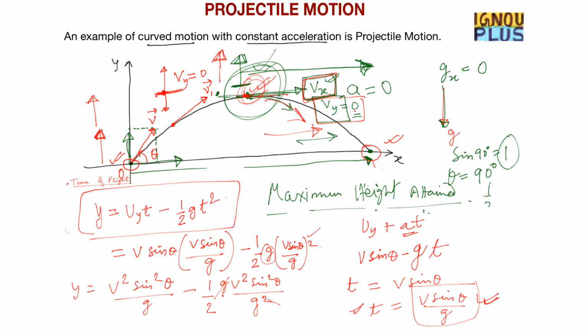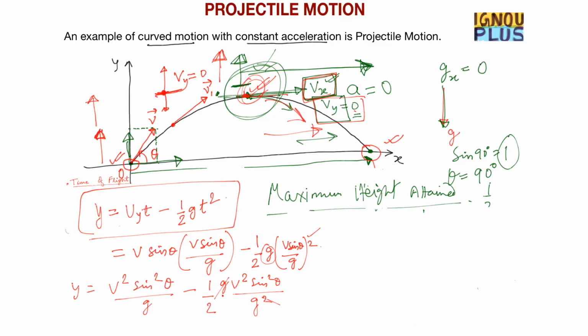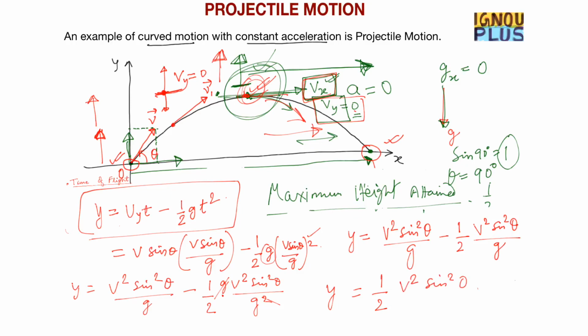We will remove the square sign, and then we have y is equal to V square sin square theta by g minus half V square sin square theta by g, which is actually half V square sin square theta by g. So the maximum height attained is y is equal to half V square sin square theta by g.